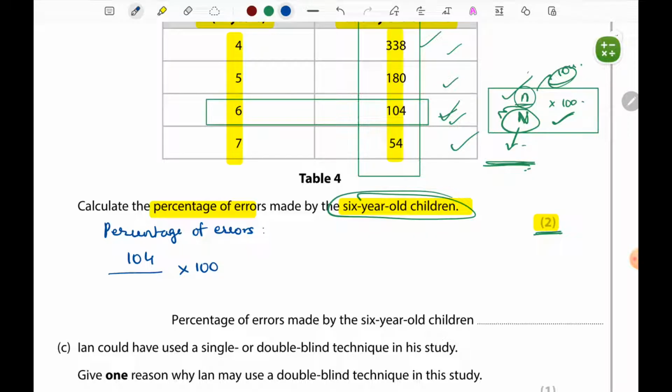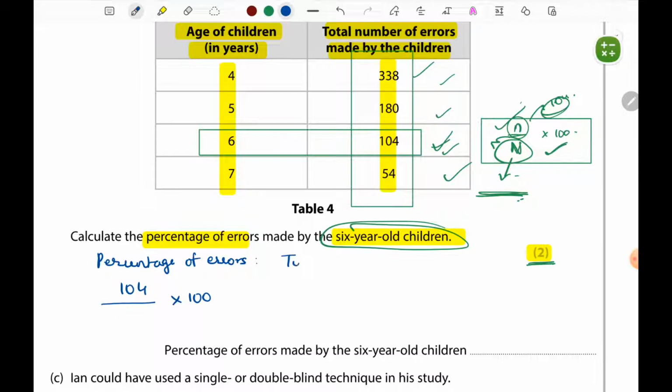Now I would suggest, though it's not compulsory, we should just show how we are getting the denominator or how we are getting the total number of errors. That is very helpful. So what we can show is somewhere over here, total number of errors, and just show the addition like we have done in case of mean.